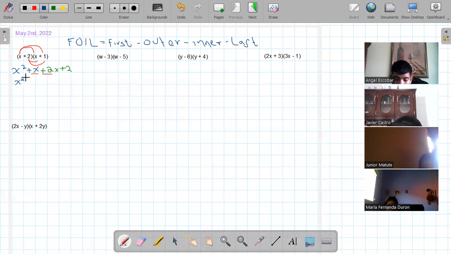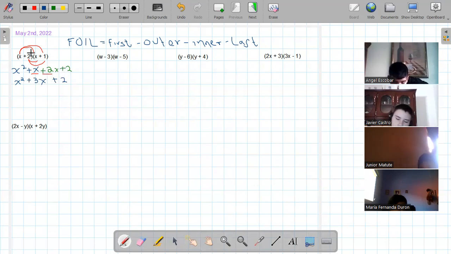No, I'm adding, I'm not multiplying. Remember the rule: 3x, exactly. Only when you multiply, you add the exponents. If you're adding, then you just add the coefficients. Plus 2, because you didn't do anything with the 2. You just did the middle terms, the like terms.